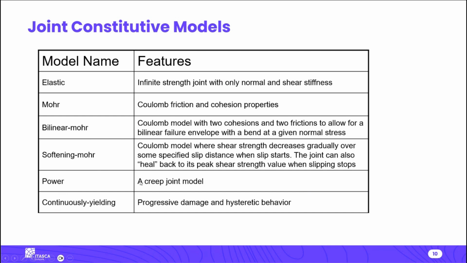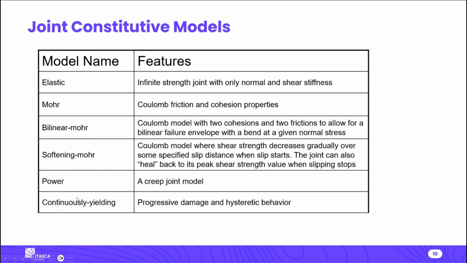There's actually a creeping joint model, again equivalent to some of the creeping models that you saw for the zones. You can imagine a case where you have a joint that has been loaded to some level of shear stress and then held there. There will still be some displacement over time due to creeping. So if you use one of these creep models, you can see this time-dependent displacement.